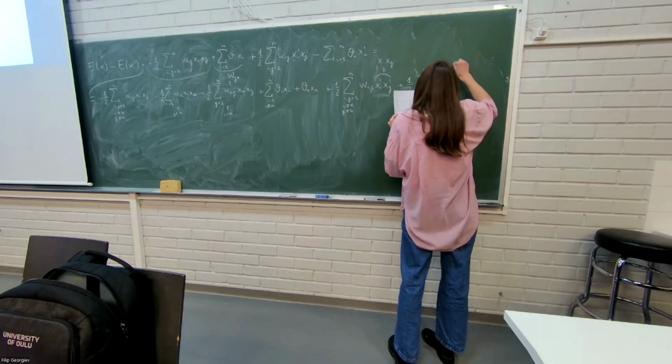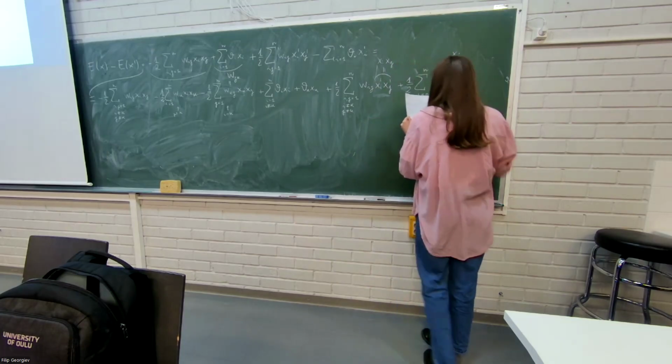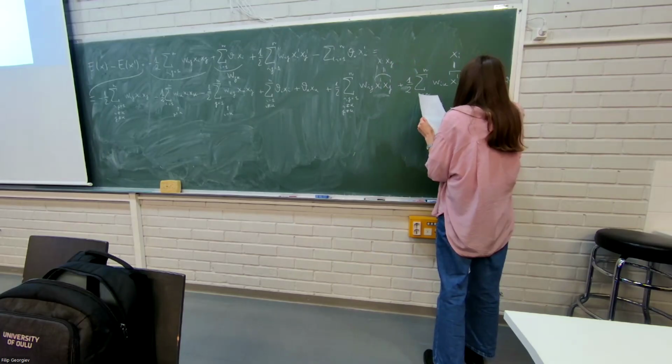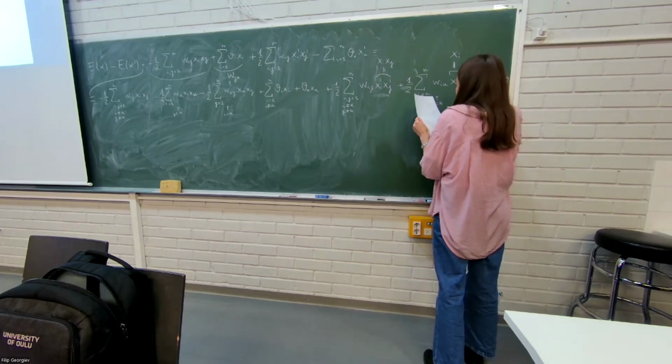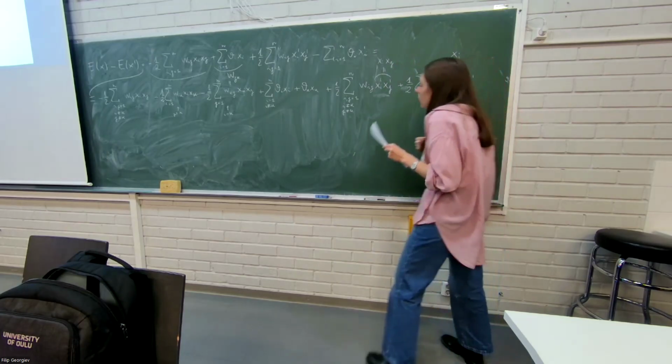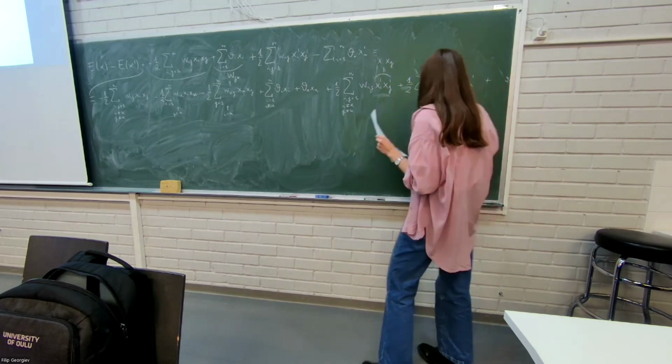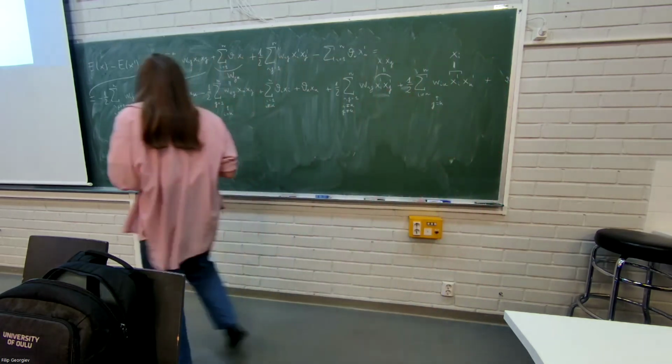This is equal to xi. And this is xk prime. I have to do it also for the case of i equal to k.